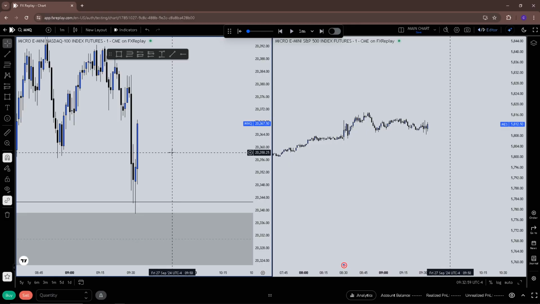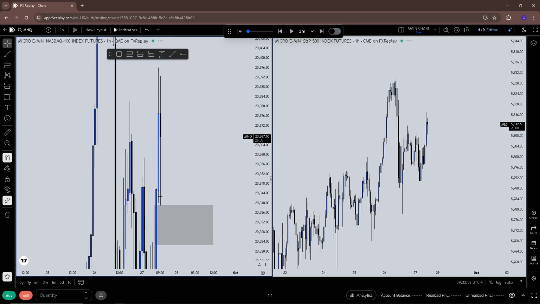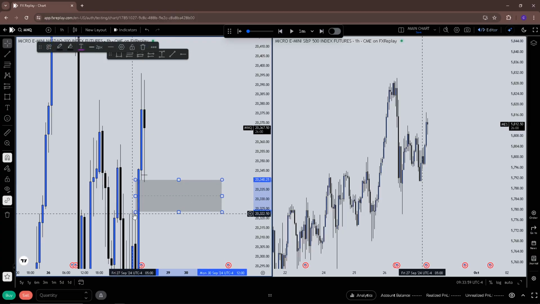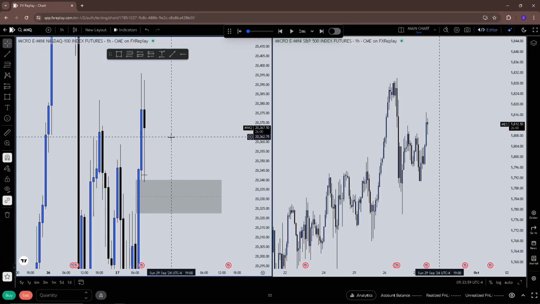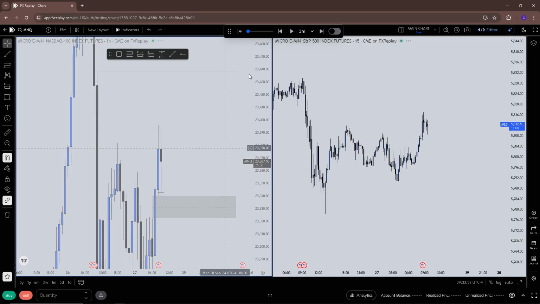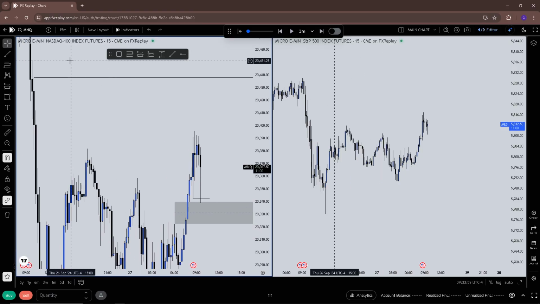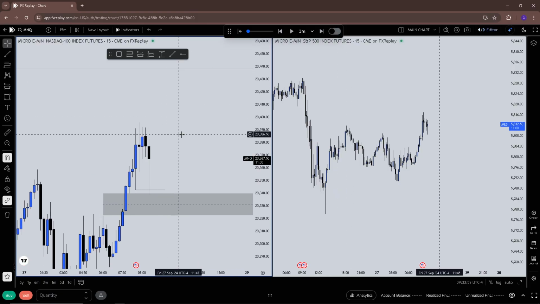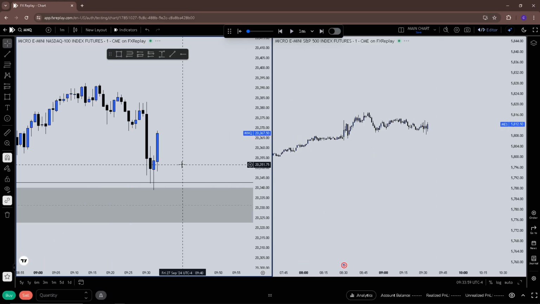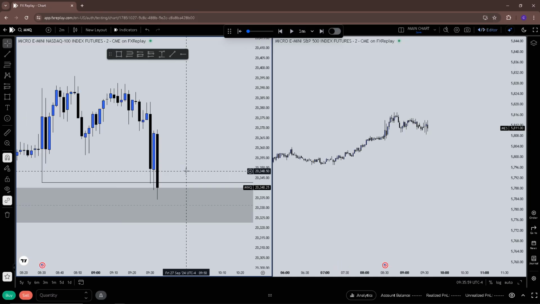Perfect. Delivery off that hourly at open. Right, we came down, tapped into this hourly fair value gap. Now let's see if we want to continue to displace higher. Come down, get a resweep.